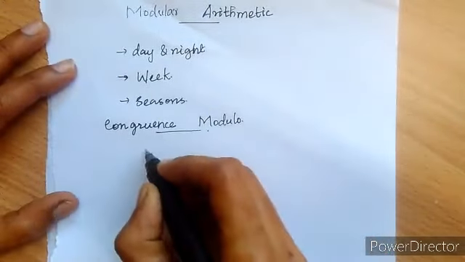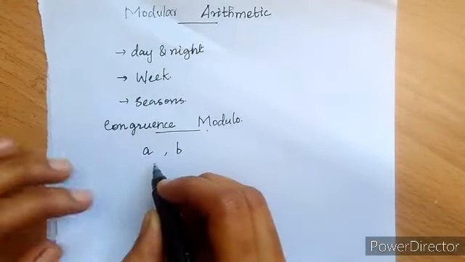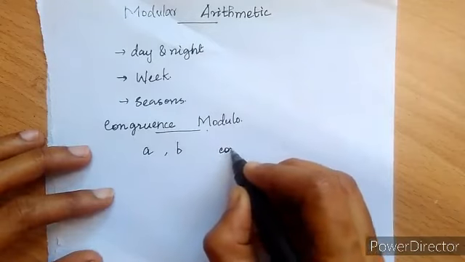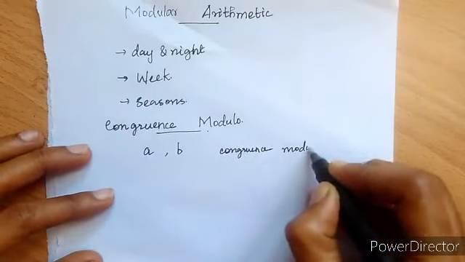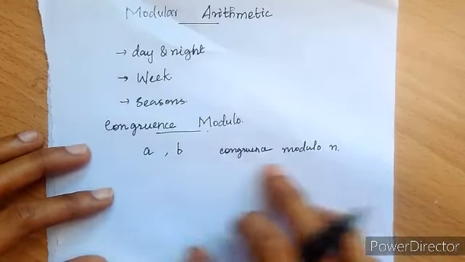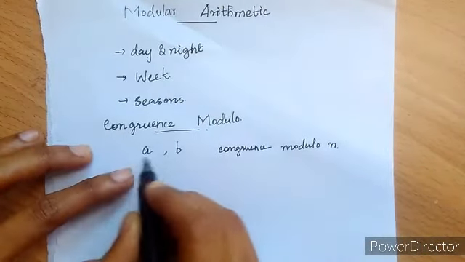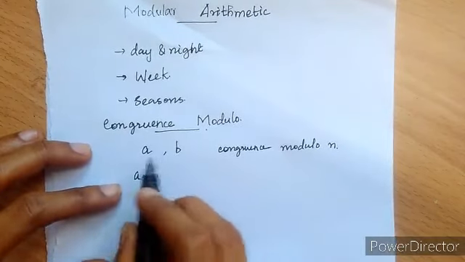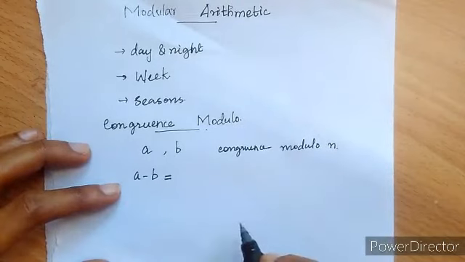Two integers, I am taking the two integers as a and b. The two integers a and b are congruent modulo n if the difference between these numbers, that means a minus b, is a multiple of this n.